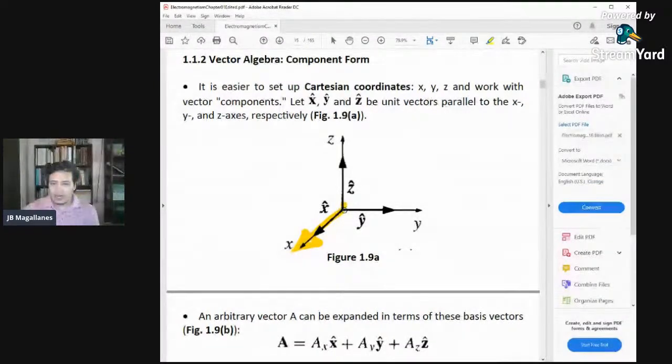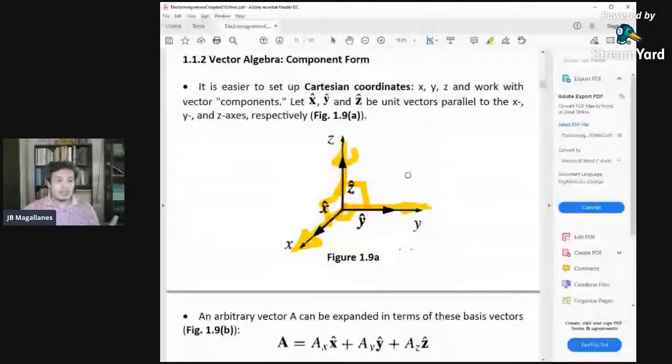This is z, the z direction. It is perpendicular also to y, and z is also perpendicular to x. So they are mutually perpendicular to each other. The angle between those directions or unit vectors is equal to 90.